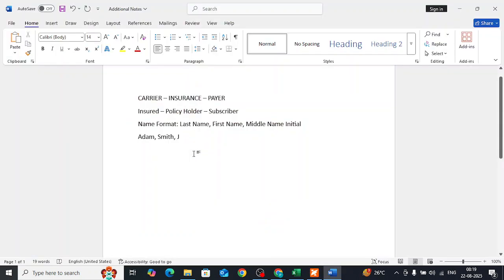Box number three has the date of birth. The date format is also different. In India, we use DD/MM; here it is MM/DD.